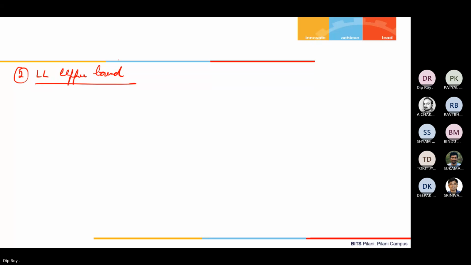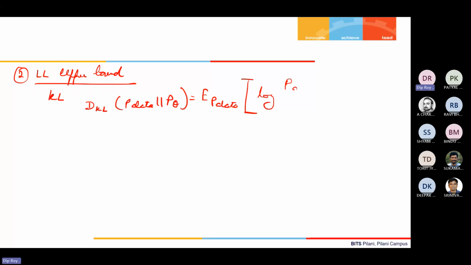We know that KL is given by D_KL(P data || P theta), which is equal to the expectation under P data of log of P data x divided by P theta x.